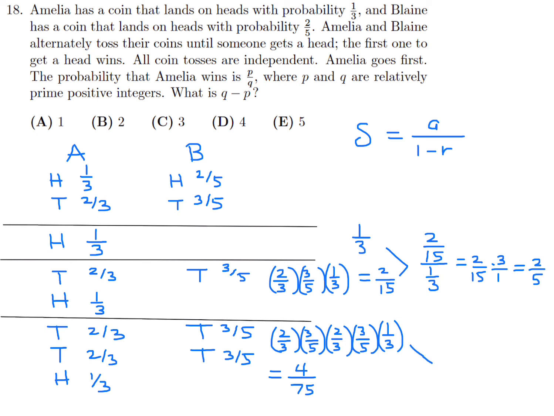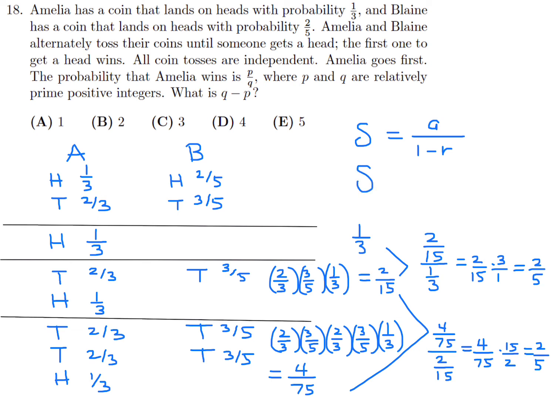Okay, let's see if we get that same thing between these two values, 2/5 and 4/75. 4/75 over 2/15. 4/75, invert and multiply, 15/2. And that looks like 2/5. So indeed the ratio is 2/5. Now you can keep going and do another iteration if you're not convinced, but I think this is sufficient.